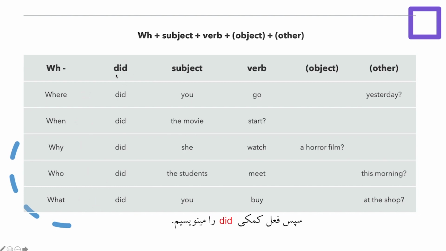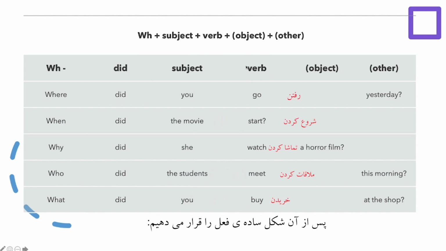Then we used did, which is the past simple, so did. Then the subject, I, you, he, she, the students, the movie, etc. Then we use a verb, so the action, go, start, watch, meet, buy.